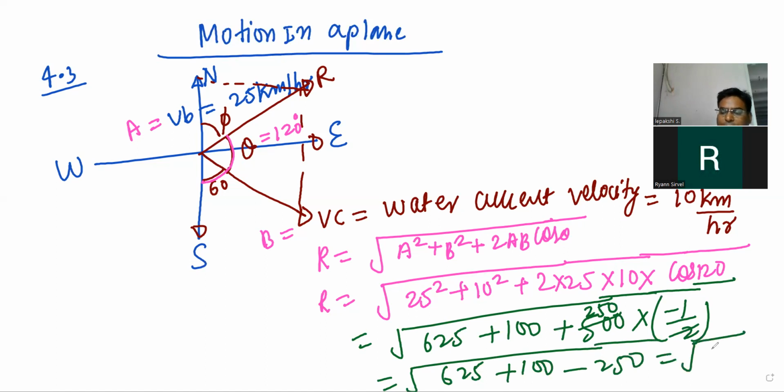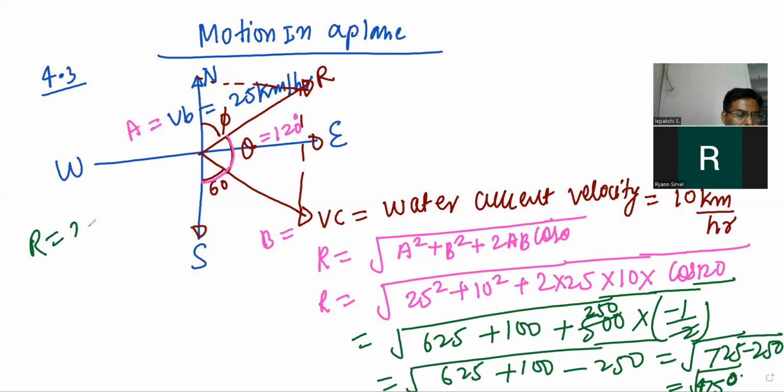So it will be under root of 725 minus 250. So how much is it? 5 minus 0 is 5, right? So it will be 5. This will be 7, and 6 minus 2, 4. So it is coming out to be exactly 22 kilometer per hour.